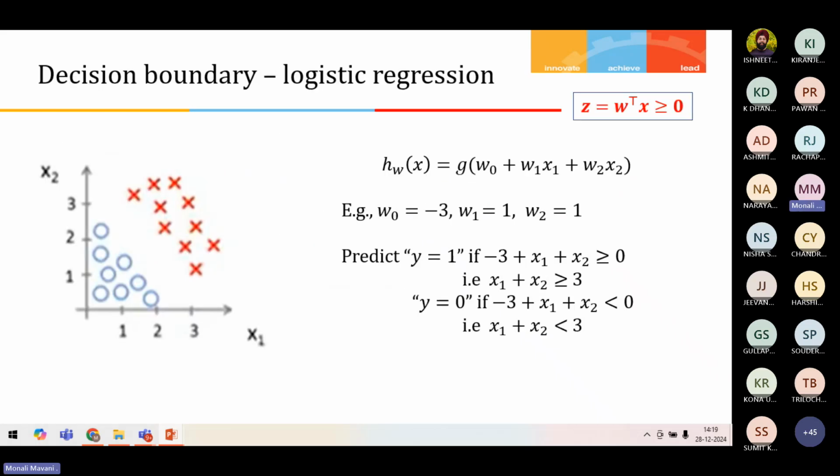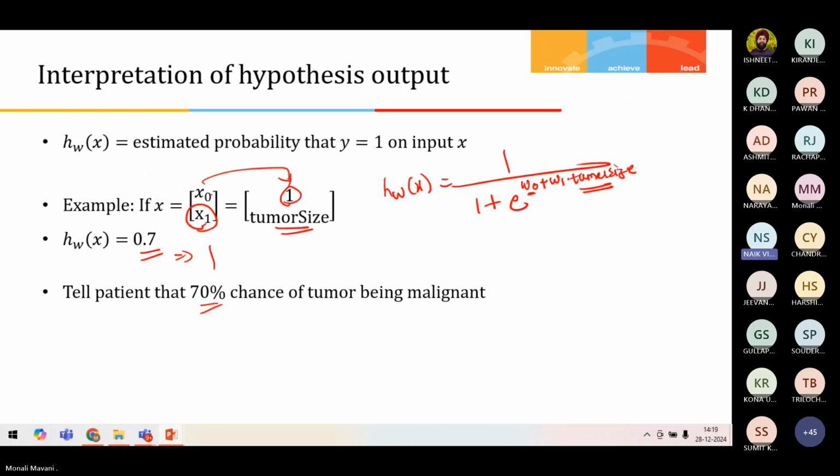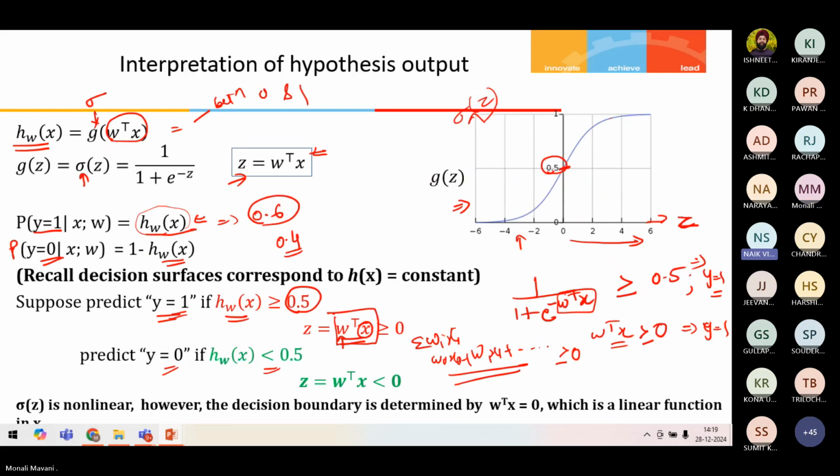Just one question on the previous slide. Ultimately, this Z is deciding, and it lies between 0 and 1, and this is what is making the decision, right? Sorry, Z is not lying between 0 and 1.